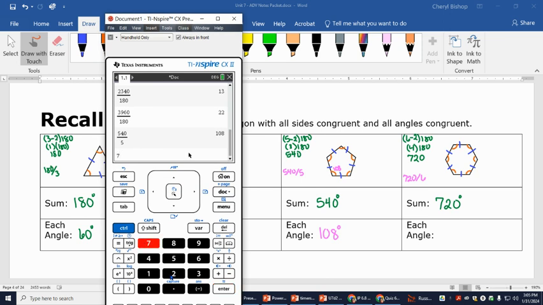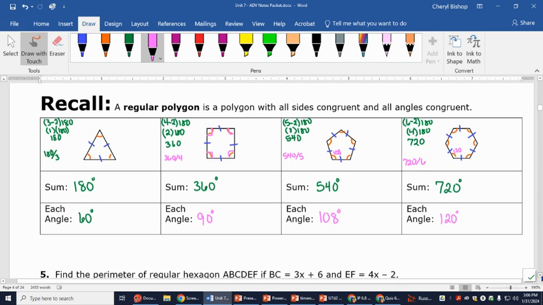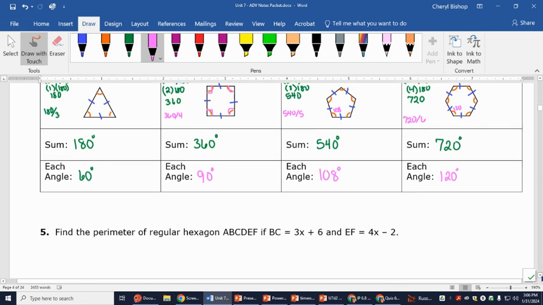So 720 divided into 6 equal angles is 120 degrees. So each angle in here would be 120 degrees. Okay, and you can keep going. We only went up to a hexagon, but you could do a heptagon, an octagon, a nonagon, all the way up forever.